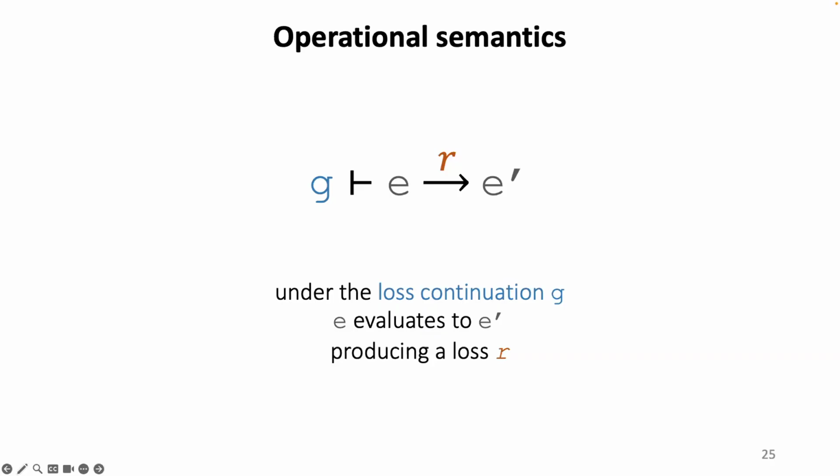Intuitively, this loss continuation G corresponds to that function X to R in the definition of the selection monad. And this is how our semantics is built.